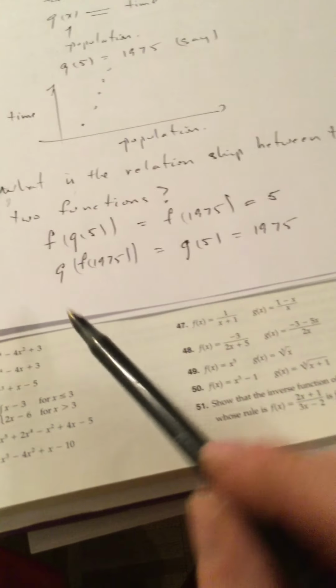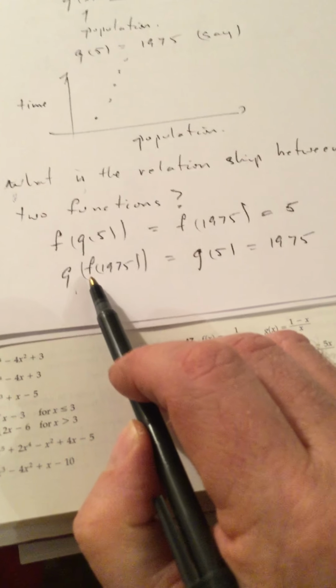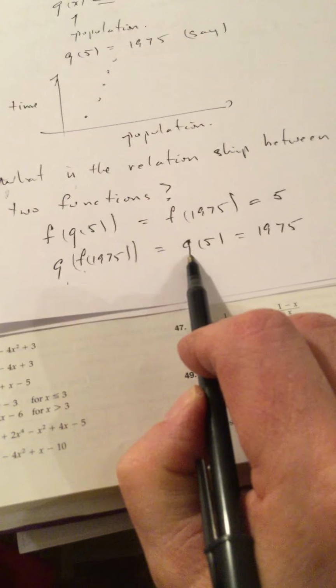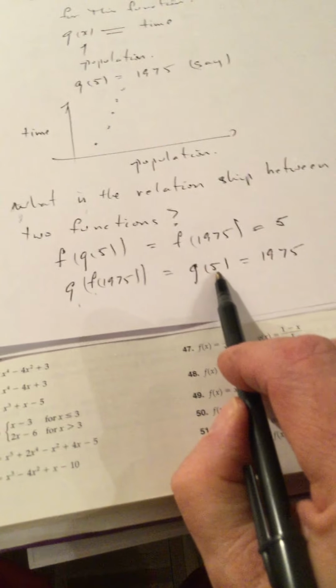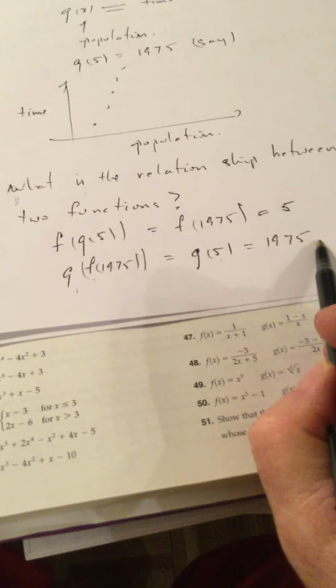And if you do it the other way around, and take g composed with f evaluated at 1975, you're going to get g evaluated at 5, but g evaluated at 5 is 1975, because in 1975 the population was 5.